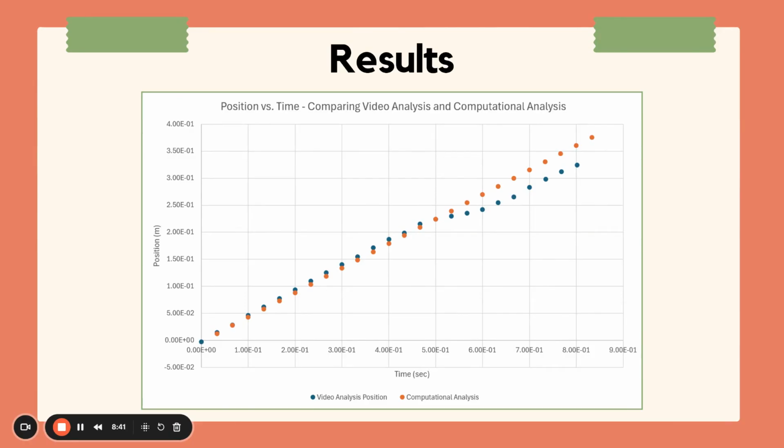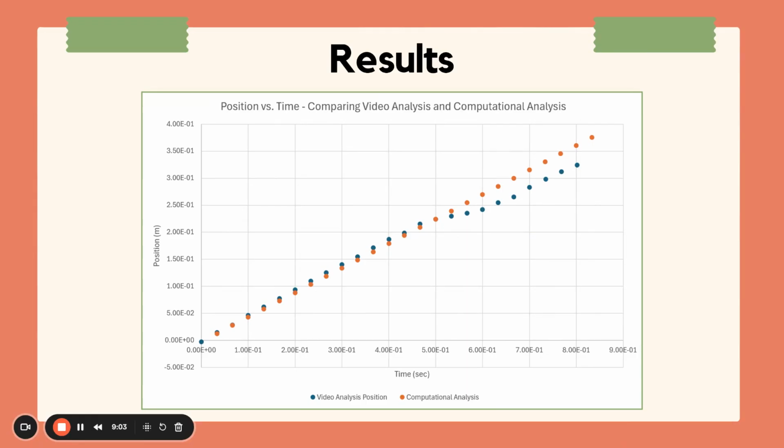These deviations, and the somewhat curved trajectory of the video analysis data, result from factors like friction that were not accounted for in the model. More clearly, our system, the rolling marker, is influenced by its surroundings, including friction and air resistance, explaining the small deviations between the computational model and the observed motion.